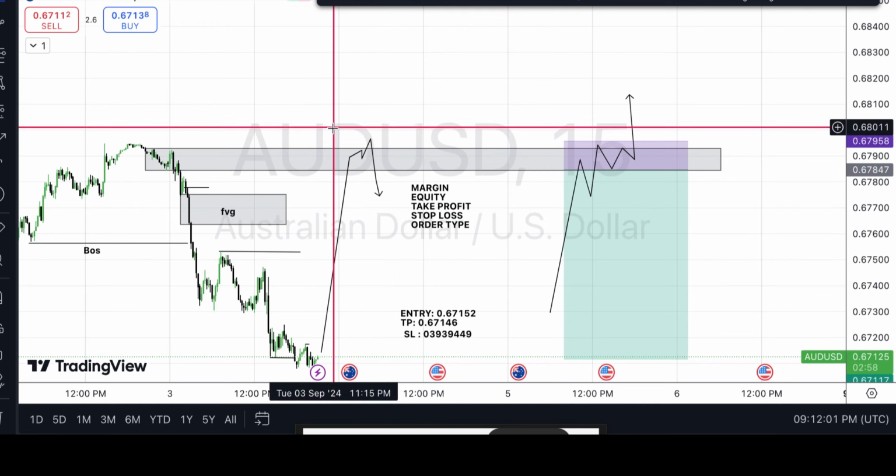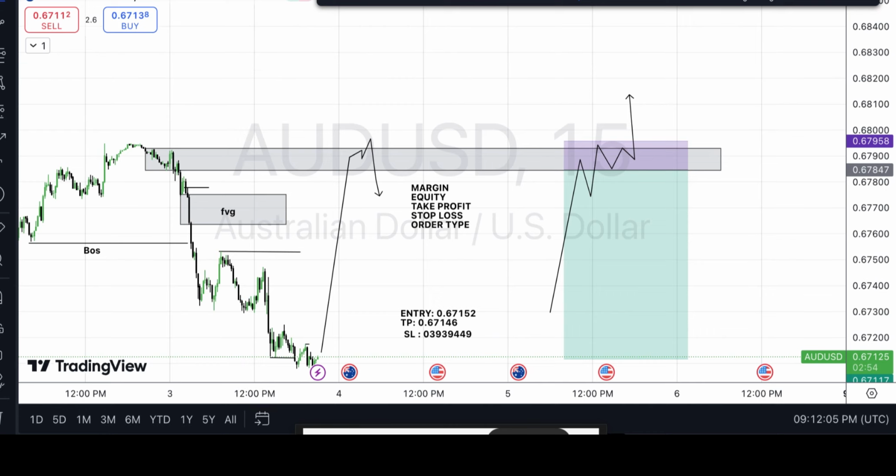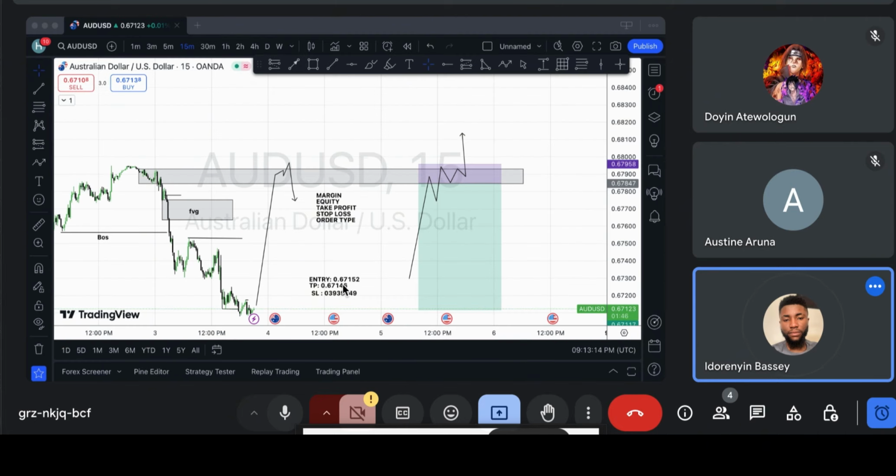So let's look at trailing stops. A trailing stop is an advanced type of stop loss that moves as the price moves in your favor.